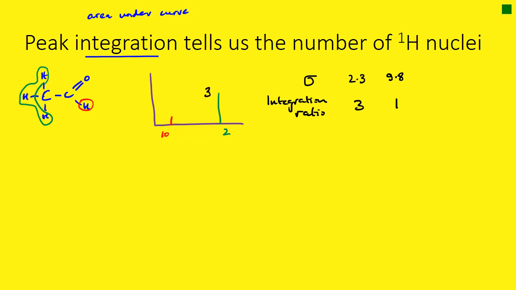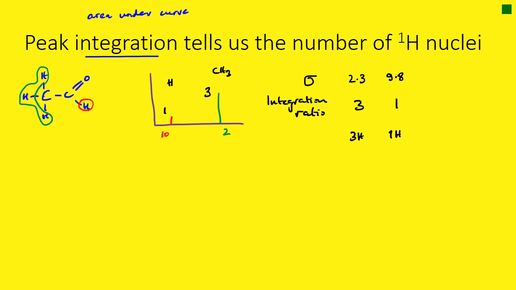So you might even see it on the spectrum looking like so, and that tells you that there are 3 hydrogens here and 1 hydrogen in that group there, which corresponds to what we know about the molecule. There's 1 hydrogen attached to the carbonyl carbon and 3 hydrogens in the methyl group attached to that carbonyl carbon. So then you could work out that this is a CH3 group and this is a hydrogen on its own attached to a carbonyl carbon.